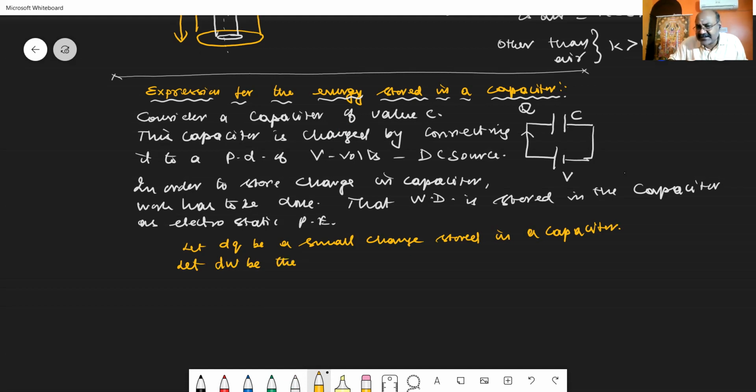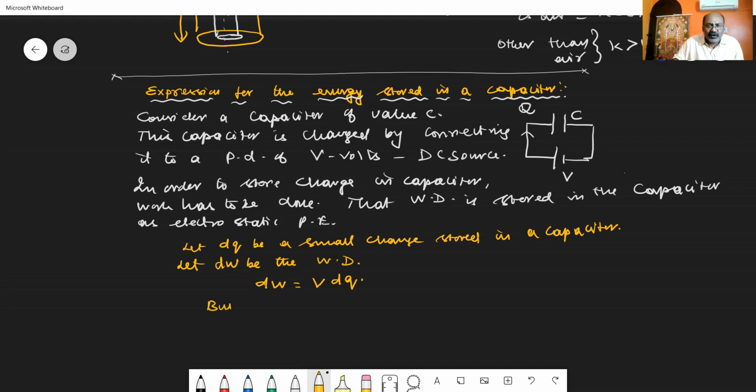What is the work done in storing a charge? Work done is nothing but the potential into the charge moved. The potential connected is V, and the small charge stored is dq. So dW is equal to V into dq.